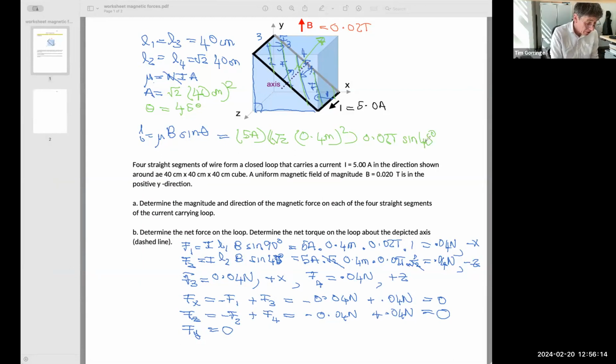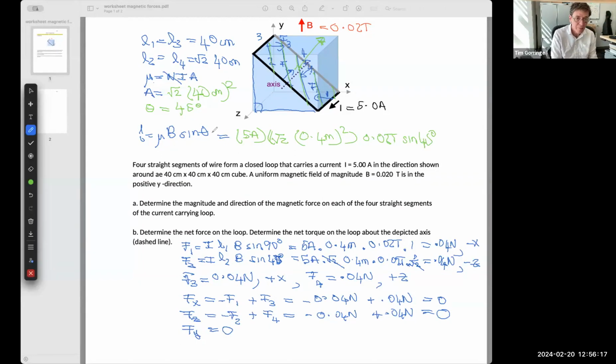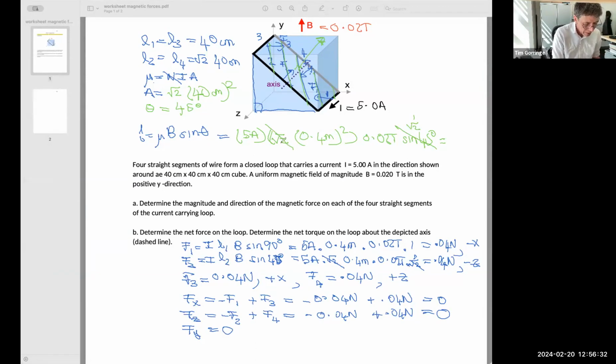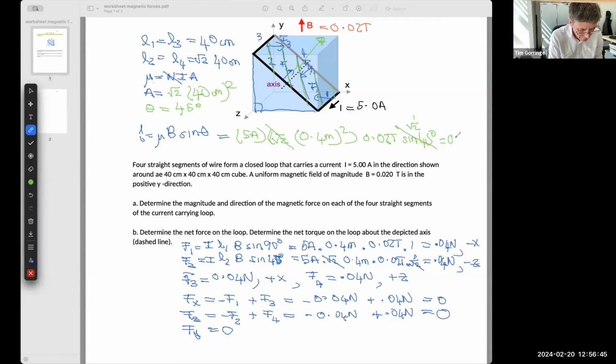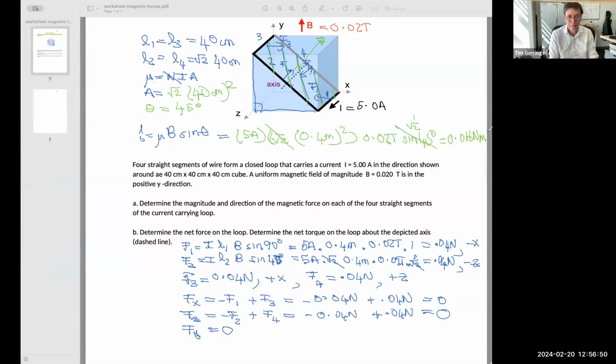Here I've filled in all the quantities in this equation for the magnetic torque. If I multiply them all out, we might remember that sine 45 is 1 over square root of 2, and it will cancel this square root of 2 in the numerator. So we just get 5 amps times 0.4 meters squared times 0.02 Teslas. That came out to be 0.016 newton meters. Those are the units of torque.